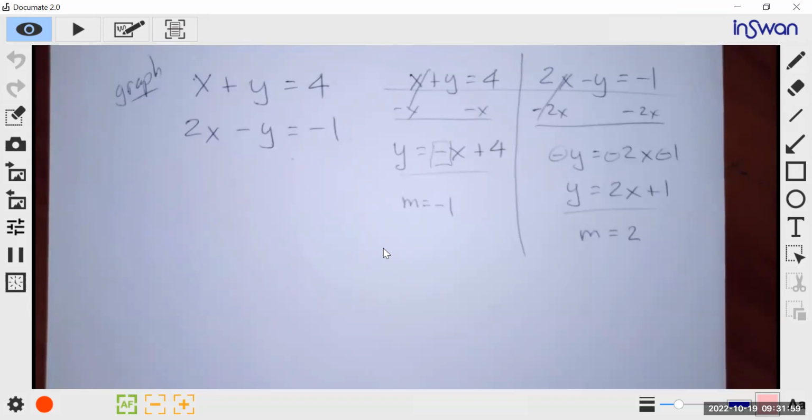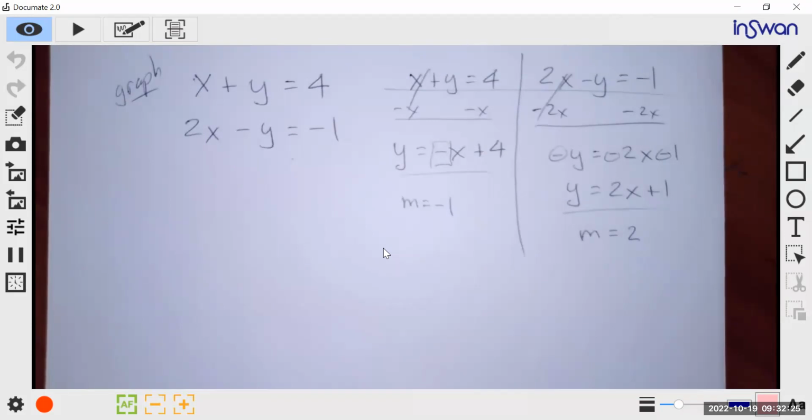Are they perpendicular? What are the conditions for perpendicular lines? They have to have opposite signs, and what else? They have to be flips. They have different signs, check. Are they flips of each other?